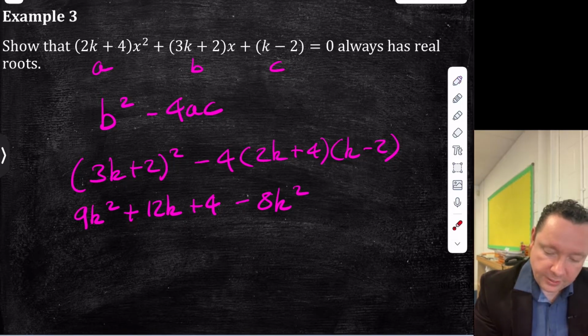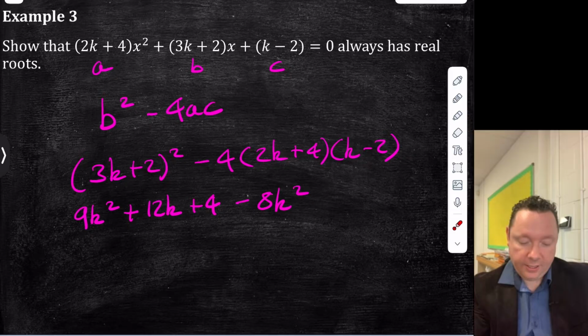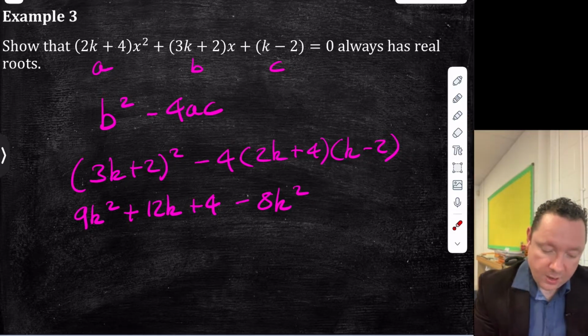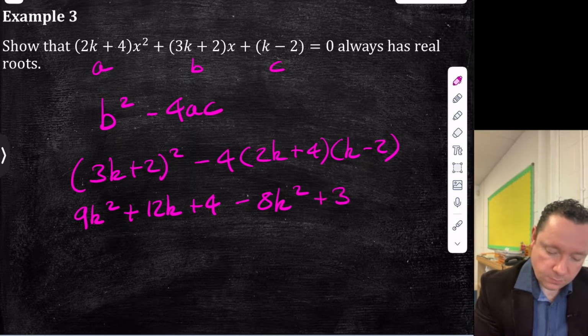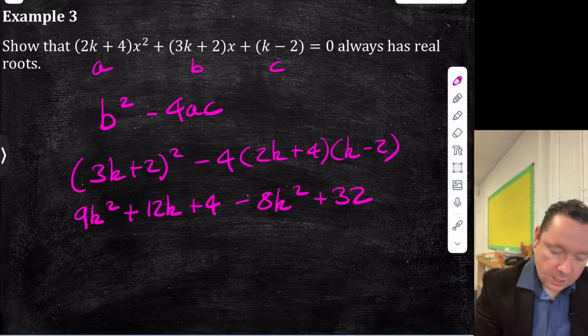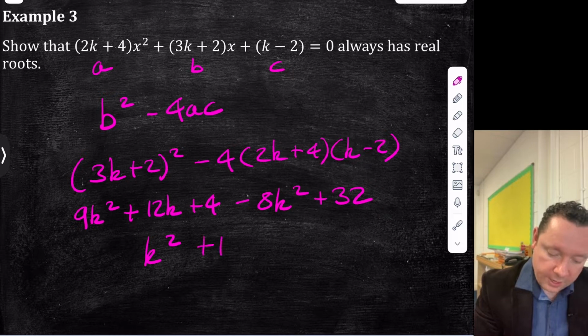And then the k terms, we've got minus 4k but plus 4k, so that's 0k terms there. Then 4 2s are 8, so that's minus 8 times minus 4 is plus 32. Collecting the terms, we get k squared plus 12k, and 4 plus 32 is 36.